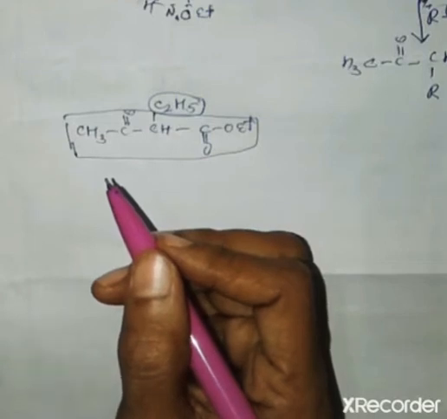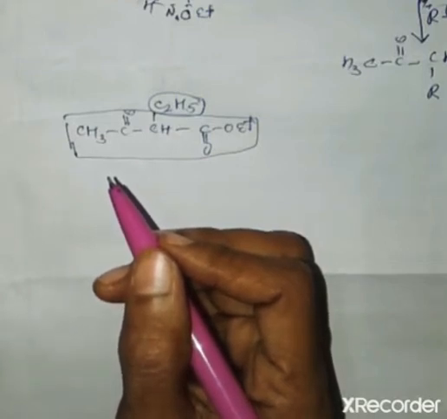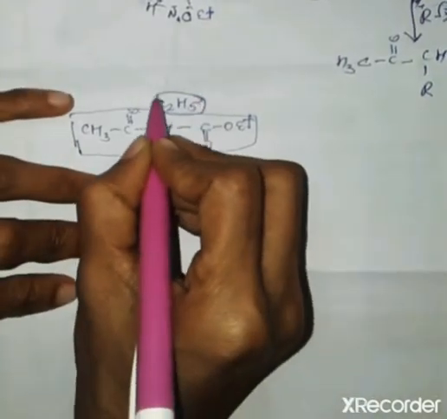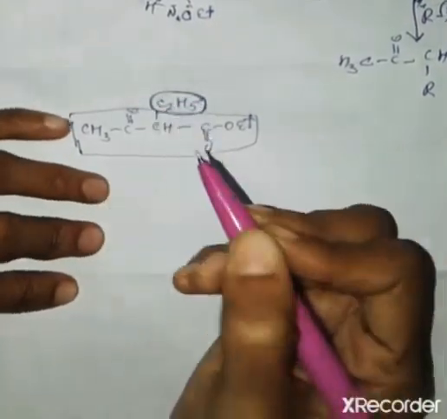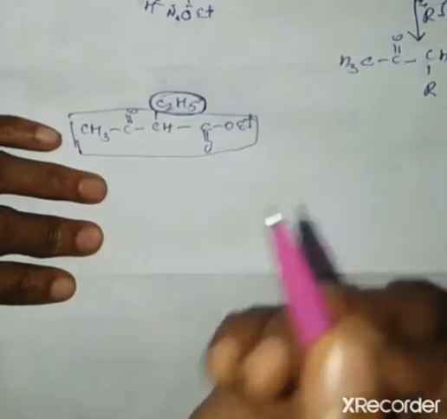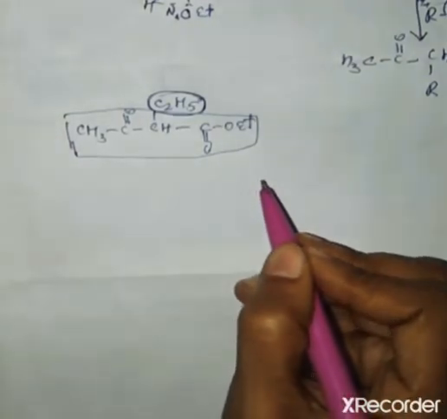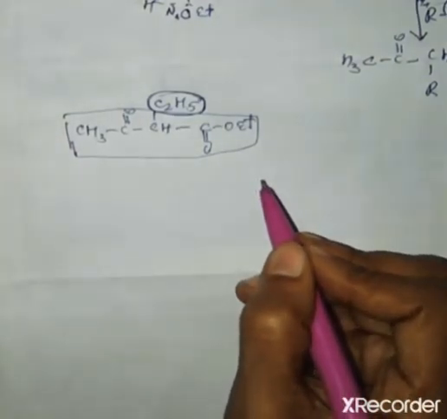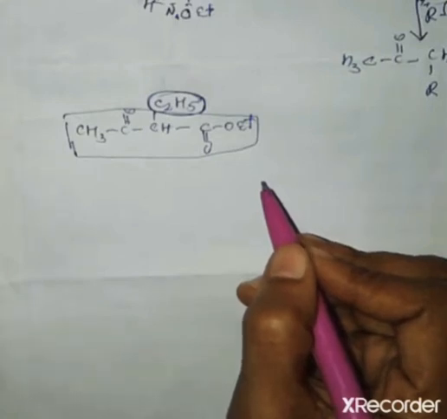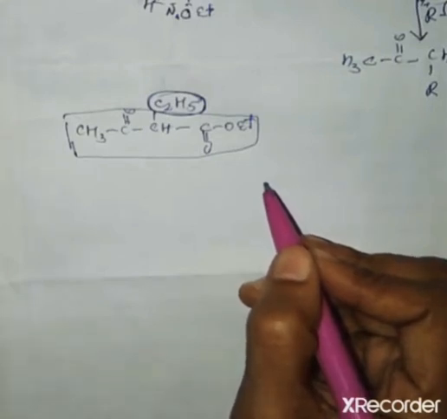Which alkyl halide is used is decided by the group attached to the methylene carbon. The first step is common in all reactions, but in the second step, it is the treatment of this anion with the corresponding alkyl halide.